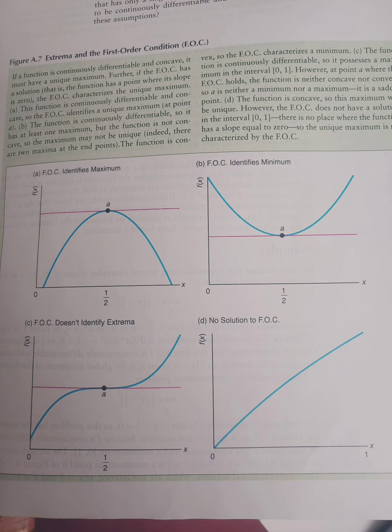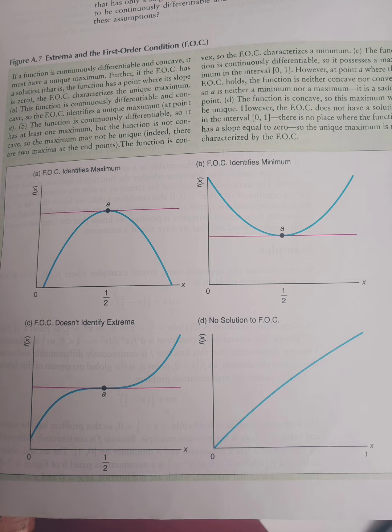The x* that solves this equation is called a critical value. Given our assumptions that f is continuously differentiable and concave, we know that x* is a unique global maximum.